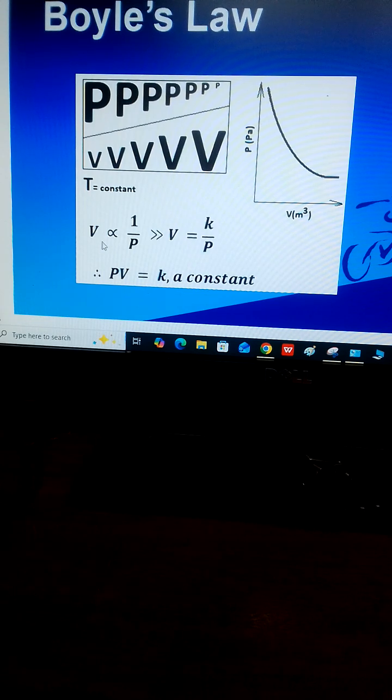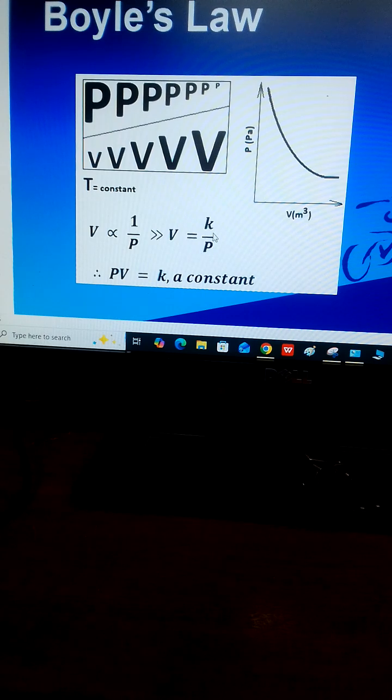That volume of a gas is inversely proportional to its pressure at constant temperature. So this is the proportionality symbol. So we write this mathematically, replace this with the equal sign. You say that volume is equal to a constant times 1 over P, or volume is equal to K over P, where K is the constant.